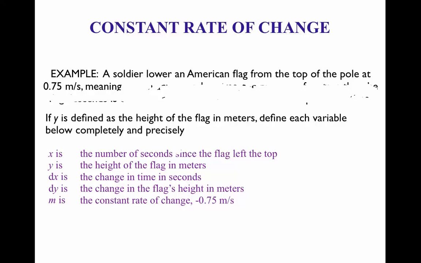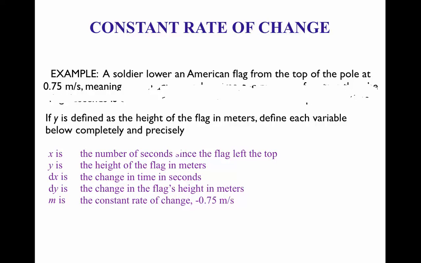For every second interval, the American flag is lowered, it will decrease by 0.75 meters until it reaches 0. Okay, you still talked about only what's happening every second. So yes, that's true. But we want the broad definition of this value. Yeah. For any change in time, the change in distance is 0.75 times the change.